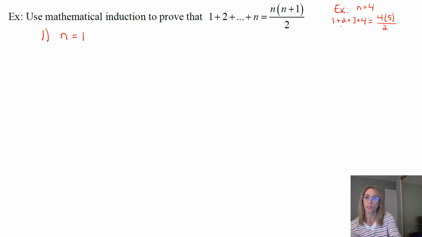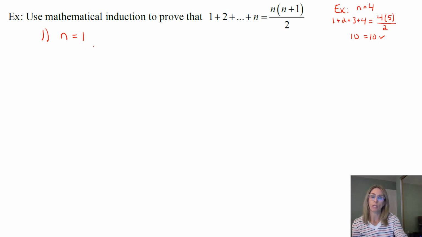We can see that the left-hand side is 1 plus 2 plus 3, which is 6, plus 4, which is 10. And on the right-hand side, we have 4 times 5, which is 20, divided by 2, and that is also 10. So it's true for n equals 4, but we're trying to show that it's true for every value of n that we could possibly think of.